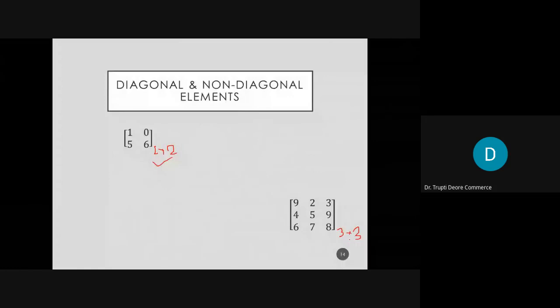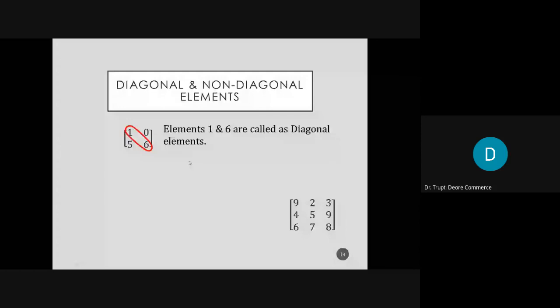Okay. So here, you will see 1 and 6. It's a diagonal. So these elements are called diagonal and the remaining elements are called non-diagonal. So elements 1 and 6 are called diagonal elements, and the other elements, 0 and 5, are non-diagonal elements.